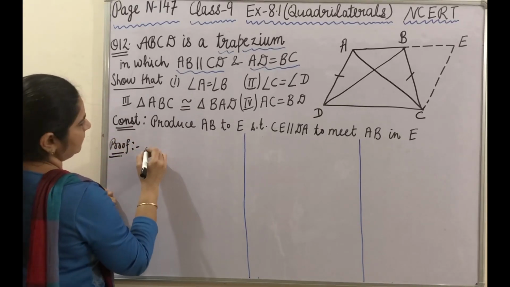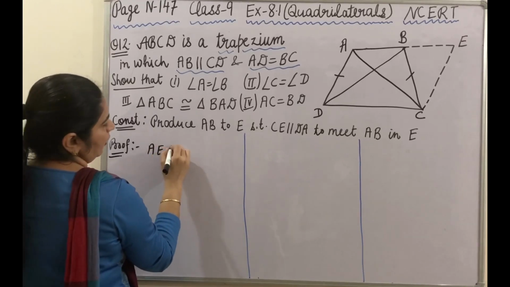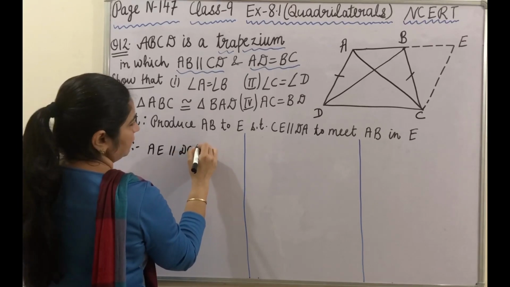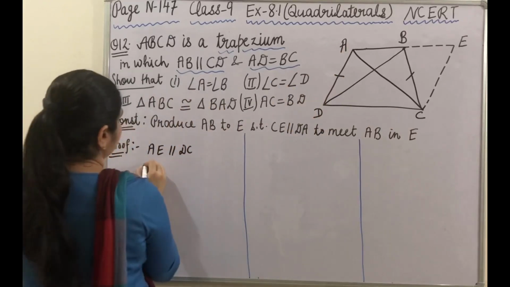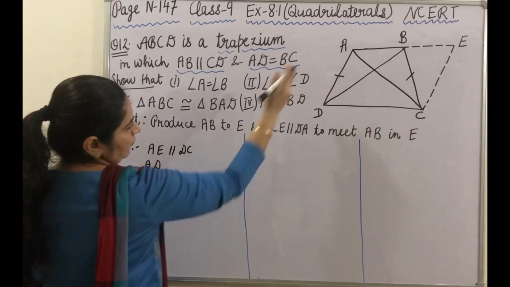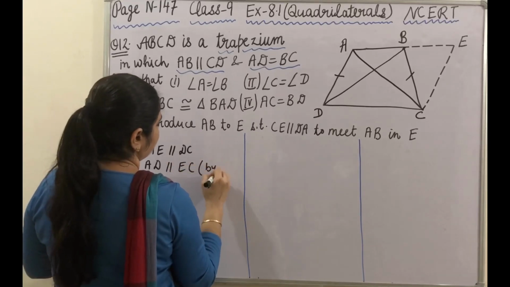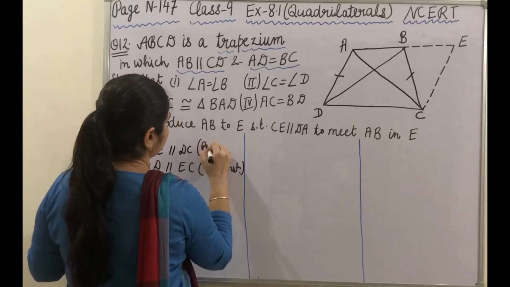Here it is, AE is parallel to DC, and this is AD, this is also parallel to EC by construction, and this is the produced line.